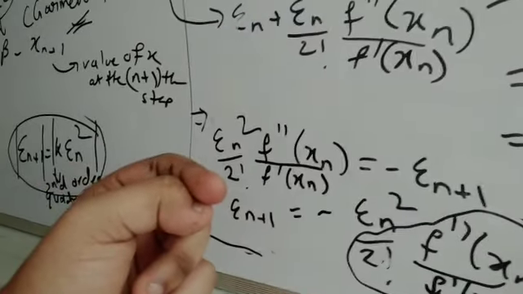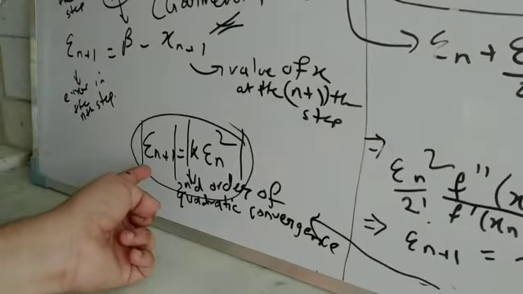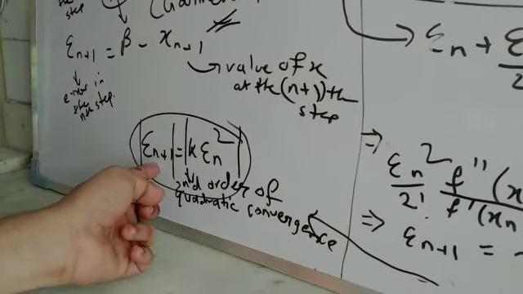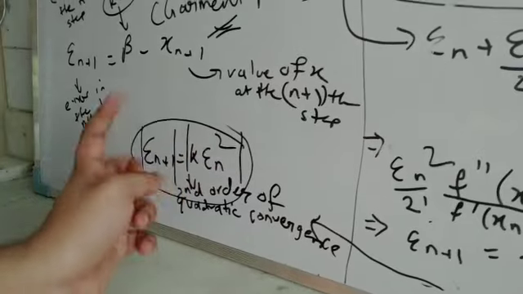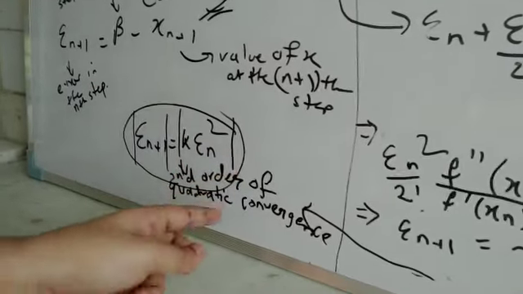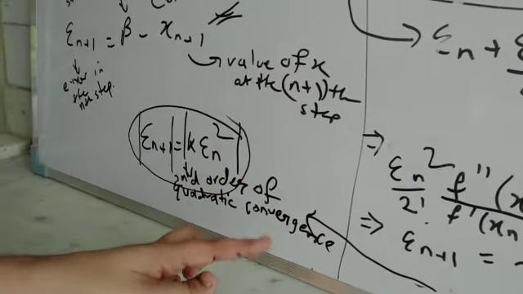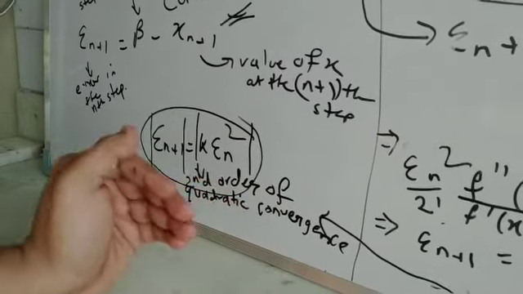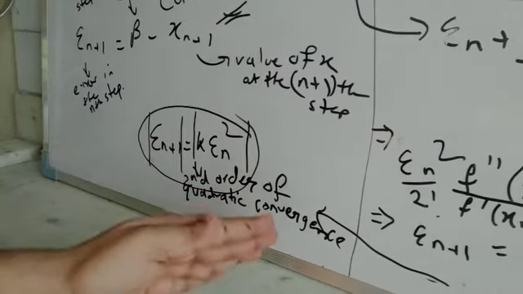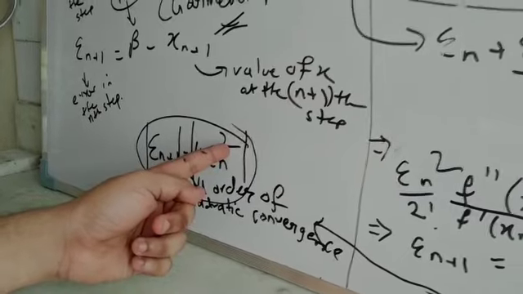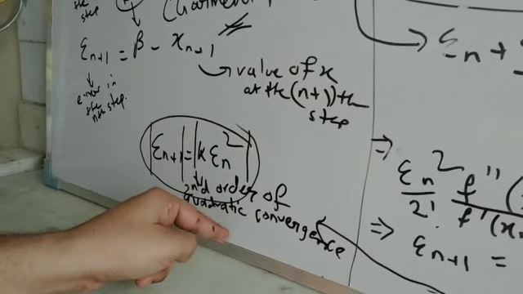We can write that this is the second order of quadratic convergence. Convergence means we are approaching the accurate value.